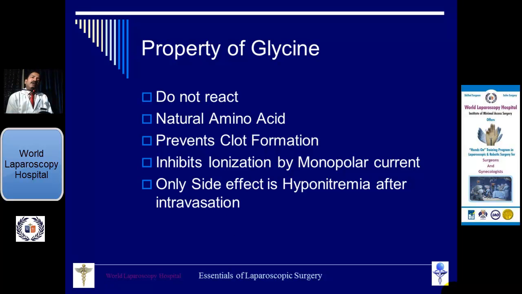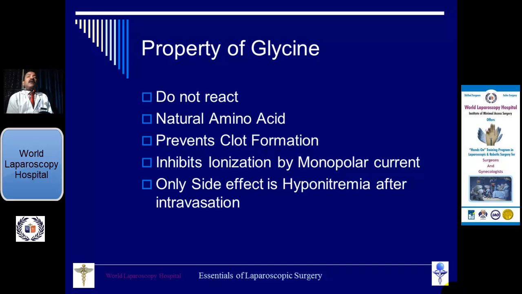Another good property of glycine is it's a natural amino acid. So generally it doesn't react with the human body, because in our blood glycine is already present. Another good point, it inhibits ionization of the fluid. So current will not disperse to any area.